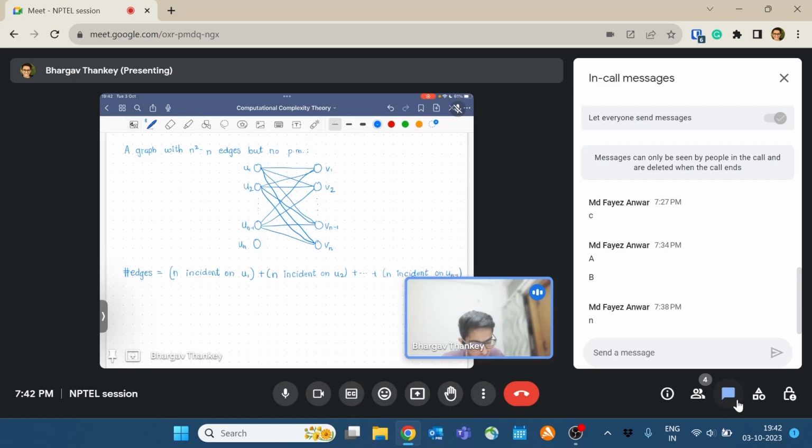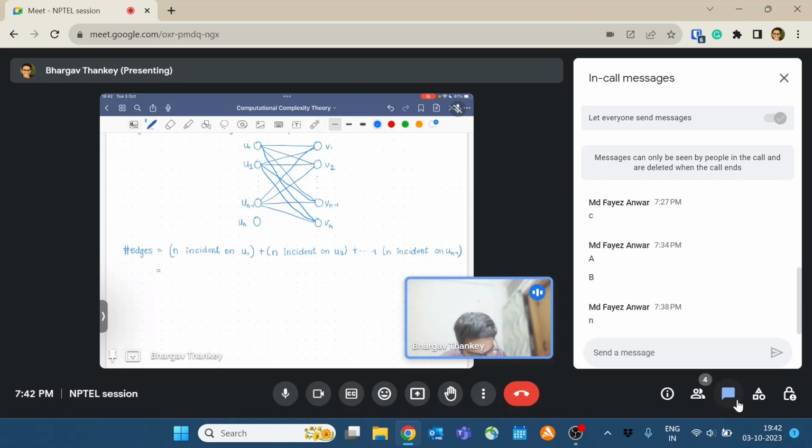Okay, so these are the only edges. And this number is n times n minus 1, which is n square minus n.